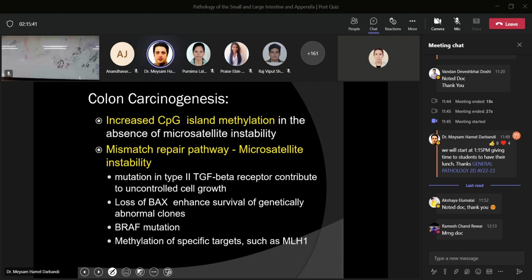So when there is a mutation in the mismatch repair, specifically MLH1 and MSH2, it will lead to what condition? Hereditary non-polyposis colorectal cancer, very good.